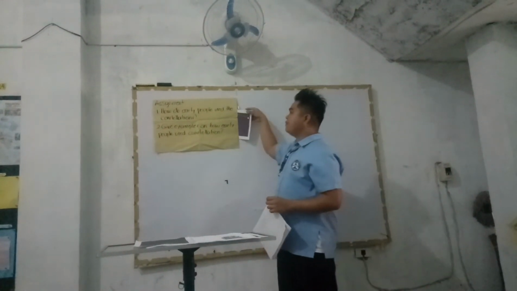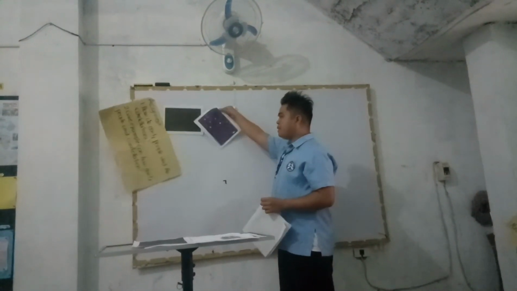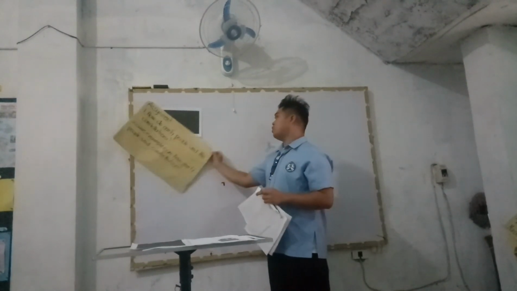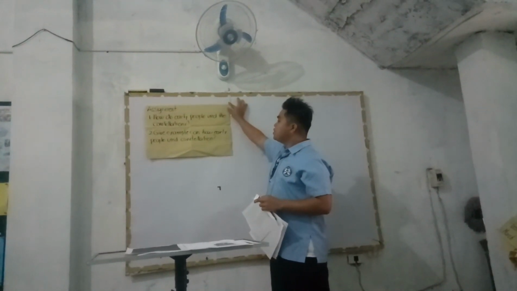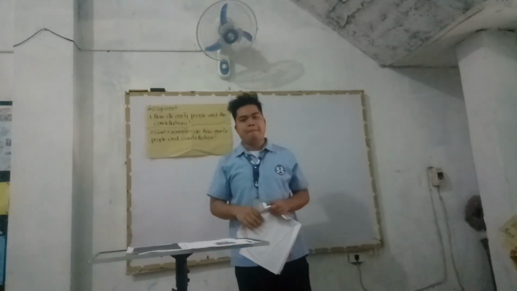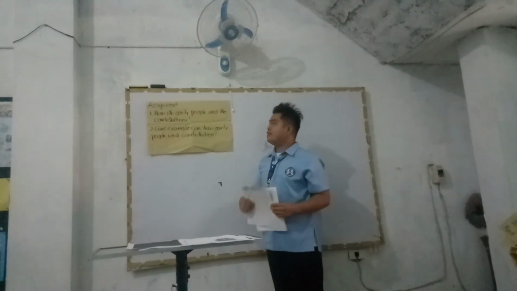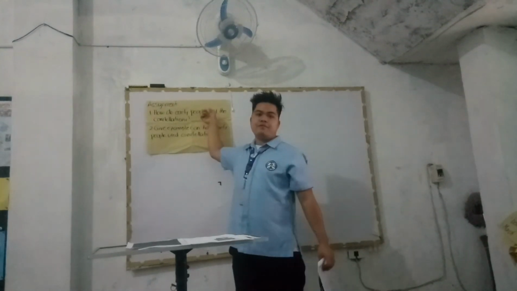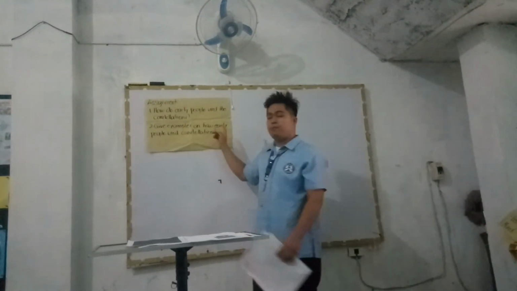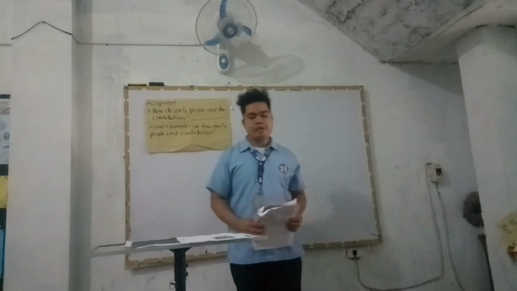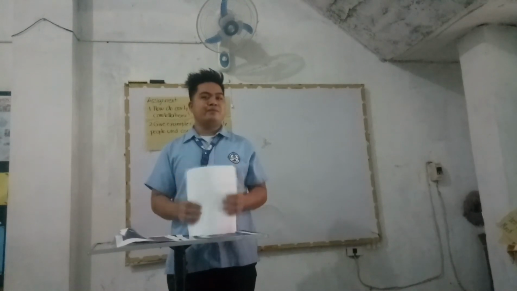Number 2, give examples of how early people used constellations. You can give 10 examples and an essay-form explanation for number 1. Any questions? None, sir.